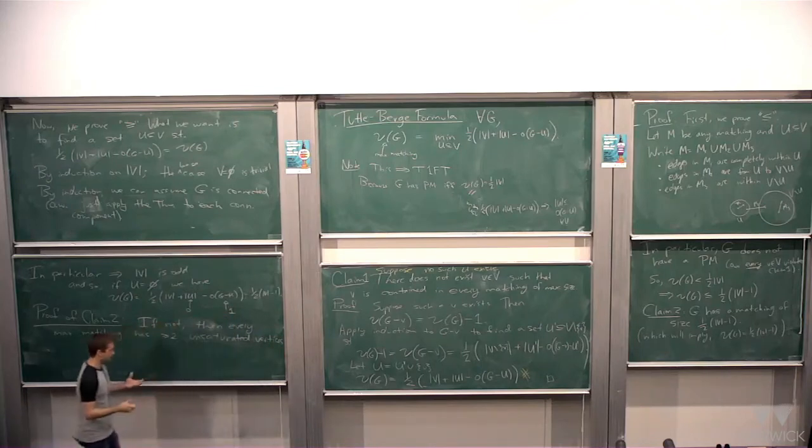So if it's not the case that there's one of size at least half of V minus 1, then every such thing will miss at least 2 vertices.